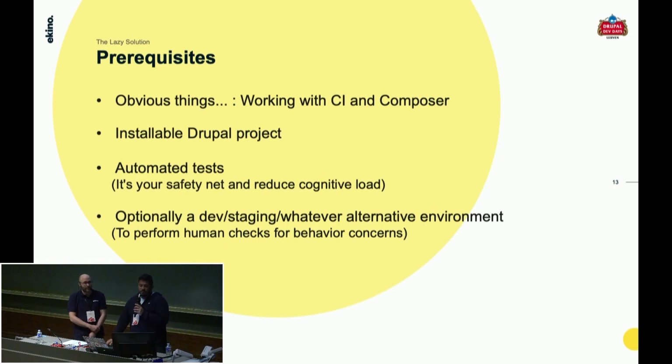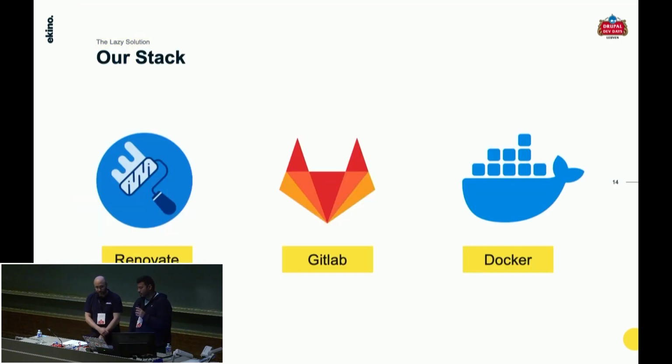Well, if you have all of those things, we think of a solution composed of those three parts. The first one is Renovate, to run your update automatically in a CI job. Renovate will create all your merge requests automatically with the update of your Drupal core or module. We use GitLab because it's the versioning tool we use at Equino, and it's the only choice.